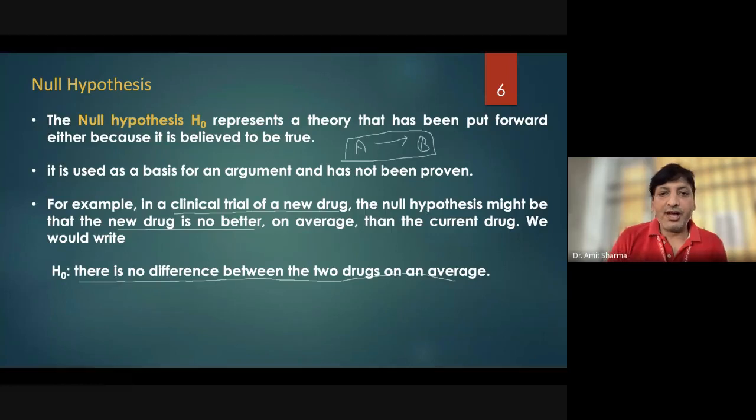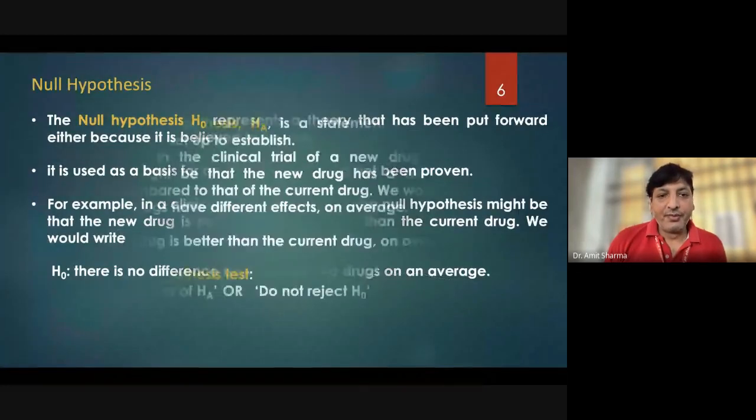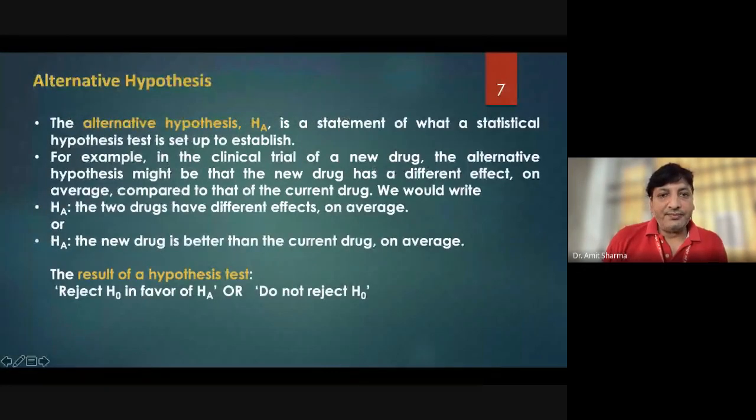If you want to show that both drugs are similar, and if you want to prove that my drug is better than the drug which is already launched in the market, then you are going to quote in terms of the alternative hypothesis. How are you going to quote? The alternative hypothesis HA is a statement of what a statistical hypothesis is set up to establish.